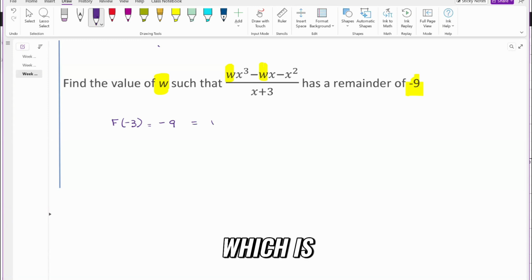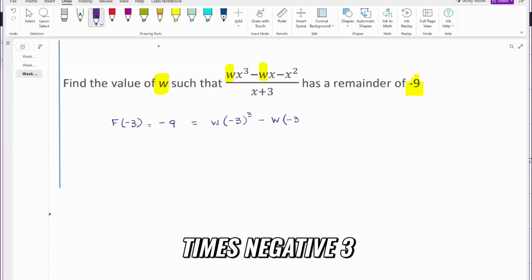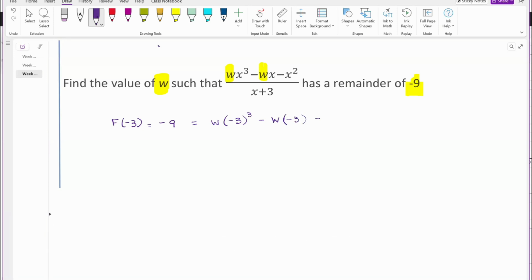Which is negative 3 to the third minus w times negative 3 squared. Yes?